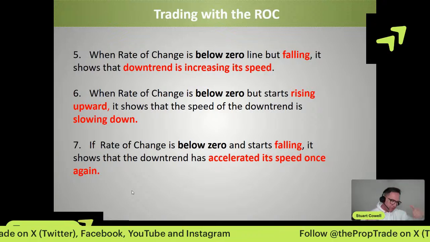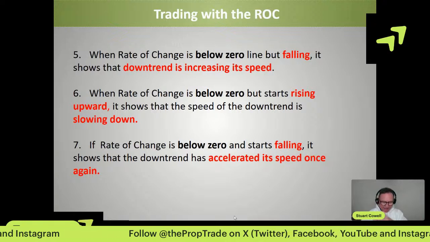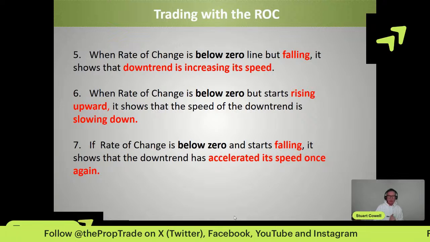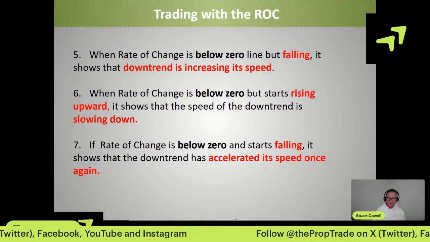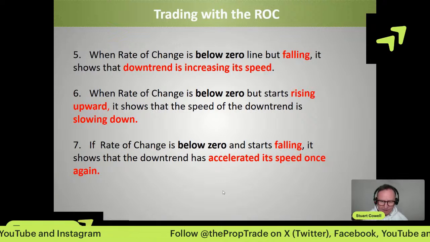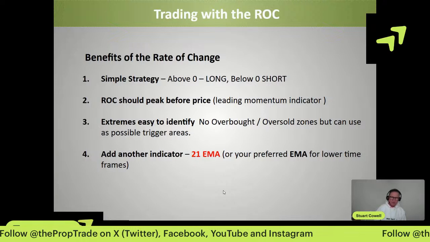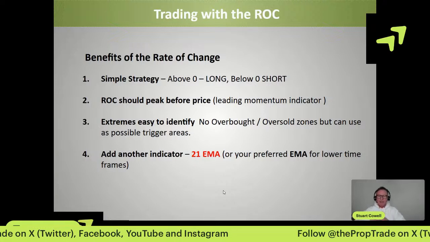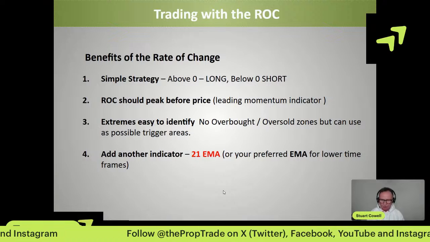So it is very much a flow momentum type indicator, and most of the time you're in sync with the price action or ahead of the price action. That's one of its big benefits. One of the key benefits is not just its simplicity, i.e., if we're above zero, you want to be looking to go long. If we're below zero, you want to be going short.